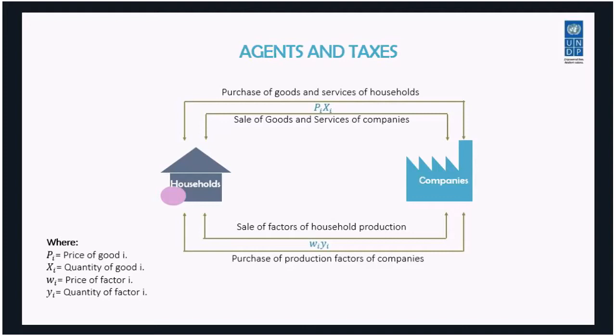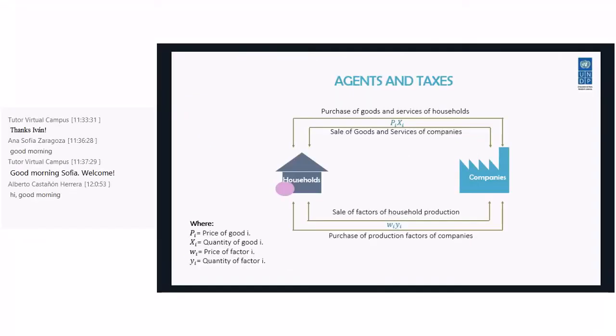Let's make it simple. Households sell labor to companies to produce the income. So by selling labor, households receive an income, for which they have to pay taxes because they are exploiting that stock of human capital through the labor market, right?